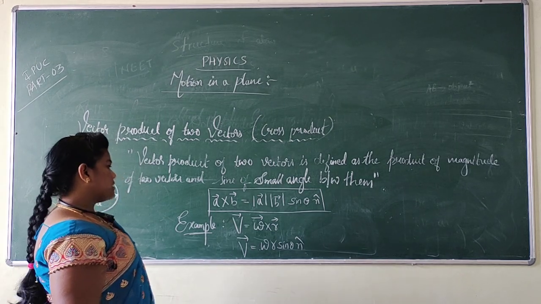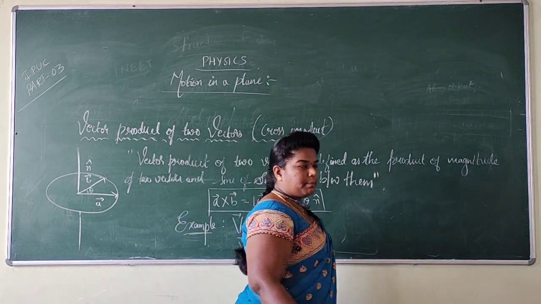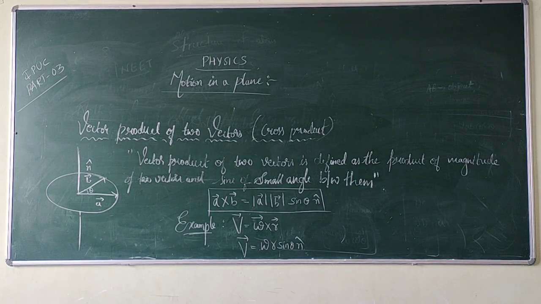Yes. See, my dear students, the two vector quantities are multiplied to get a vector quantity again. So velocity is a vector quantity, and we got the velocity by multiplying two other vector quantities.